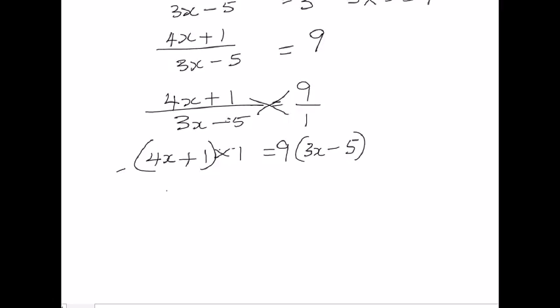Okay, so we are going to have 4x plus 1 times 1, that's 1, equals 9 times 3x will give us 27x, minus 9 times 5, that is 45.